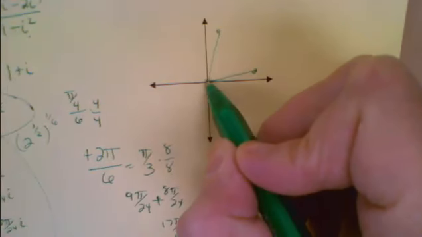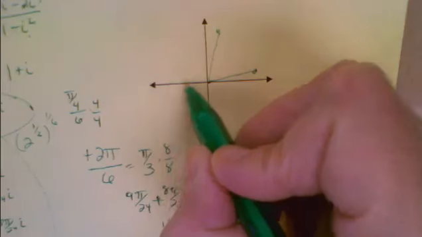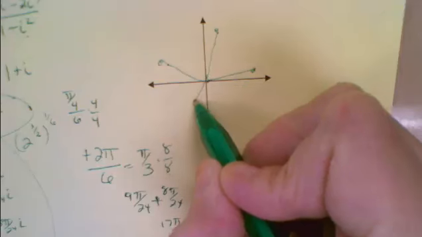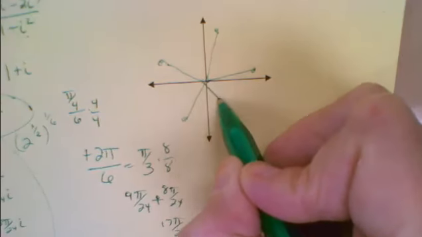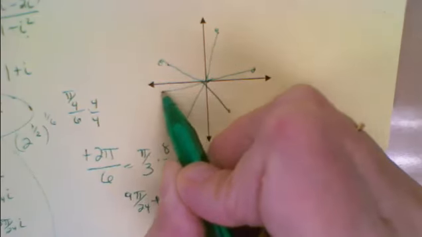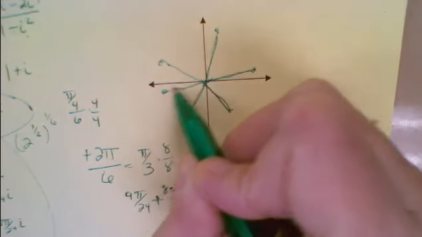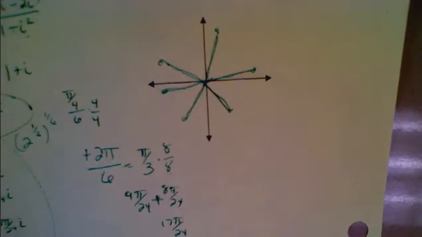17 pi over 24, this would be 24 pi over 24, so it's up here. And then these will end up just being opposite of each other because they should be equally spaced apart. So, oh, that's bad. But there should be 6 of them and somewhat equally spaced apart.